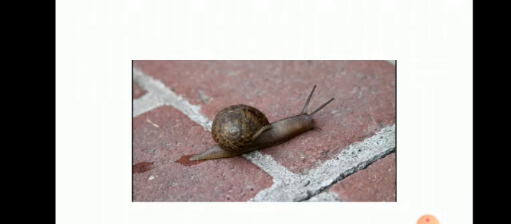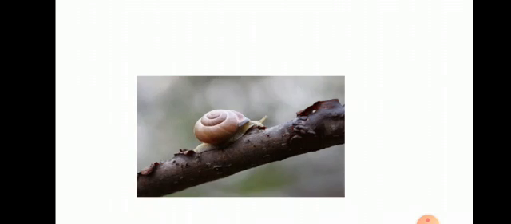The foot of the snail is a thick structure and is made up of strong muscles. The muscular organ called the foot helps in locomotion. Snails move with the help of their muscular flat foot.